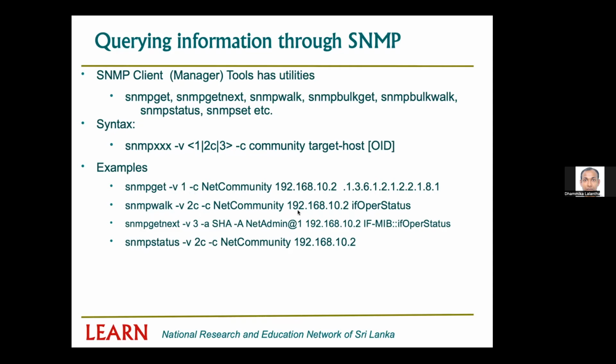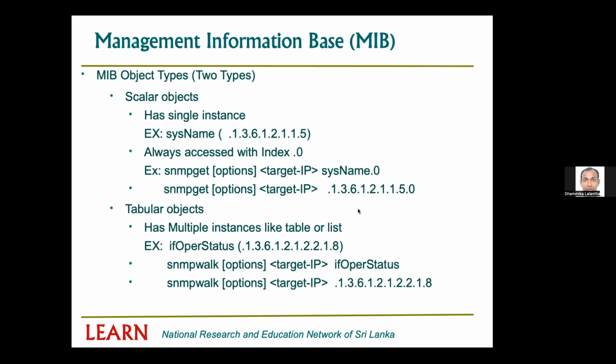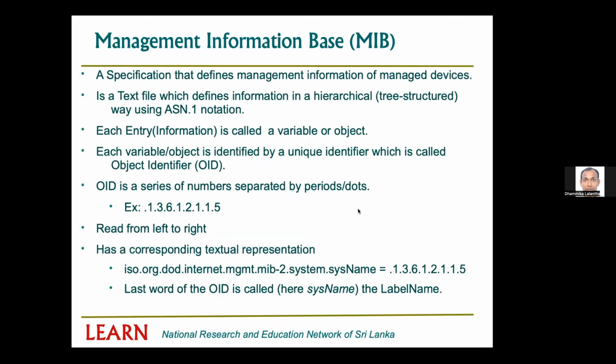Also, we can call it by the label name. The label name is actually the last part of the OID textual representation. As I said, ISO corresponds to 1 and ORG corresponds to 3, likewise. So this last part is the actual object name.